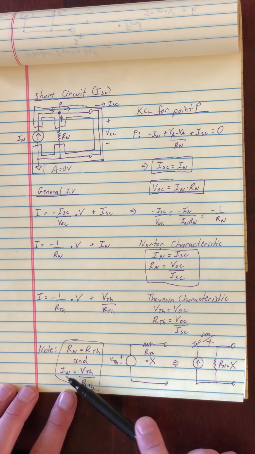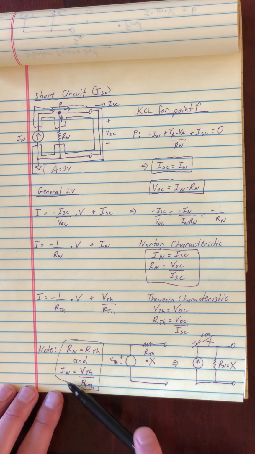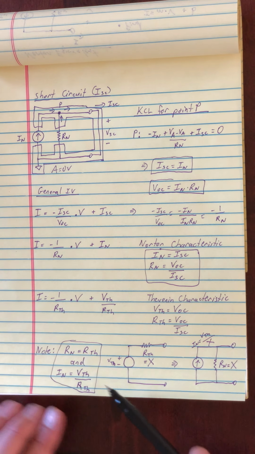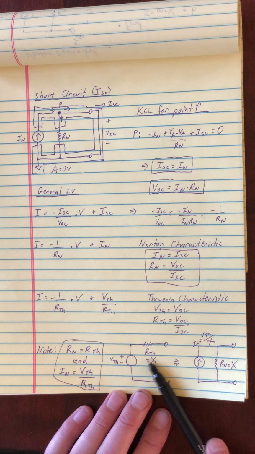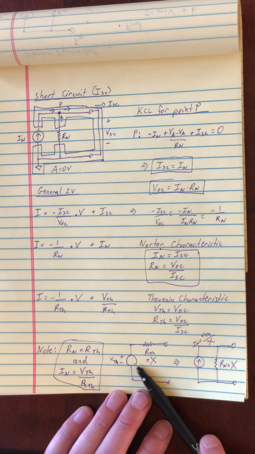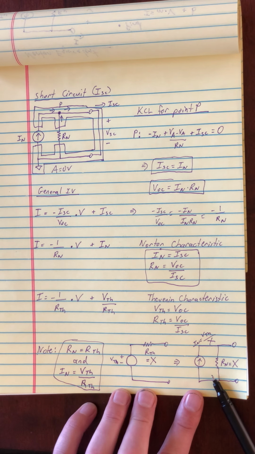And likewise, if you have the Norton current, you can multiply it by the resistance of Thevenin or Norton, they're both the same, and you get the Thevenin voltage. So it's pretty easy to transform these two circuit equivalents between each other. If you have the one, going to the other is really simple, just using these expressions right here.